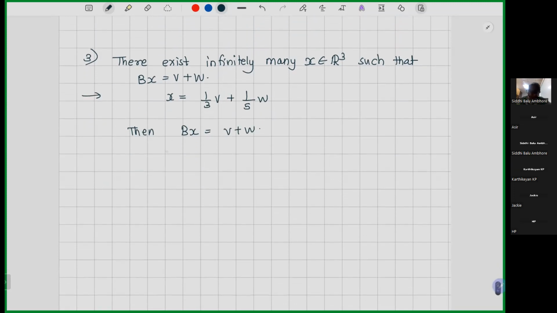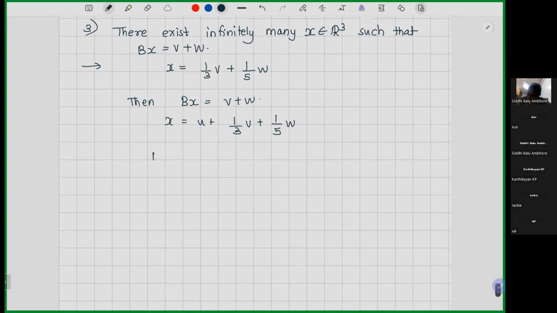But now if I take X to be U plus 1 by 3 V plus 1 by 5 W, in that case what is Bx? It is Bu plus 1 by 3 Bv plus 1 by 5 Bw, and this is 0 plus V plus W, which is V plus W, right?